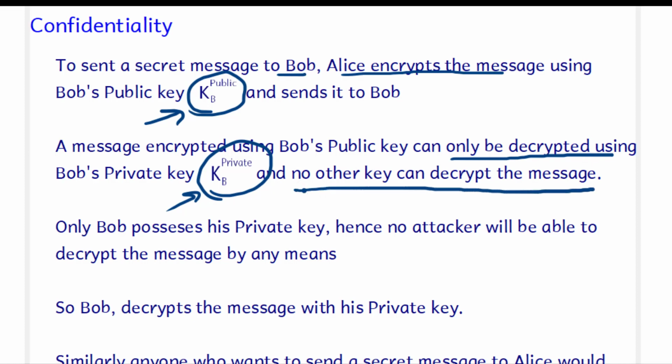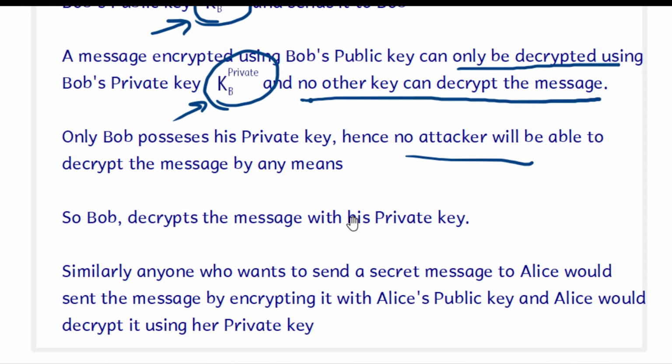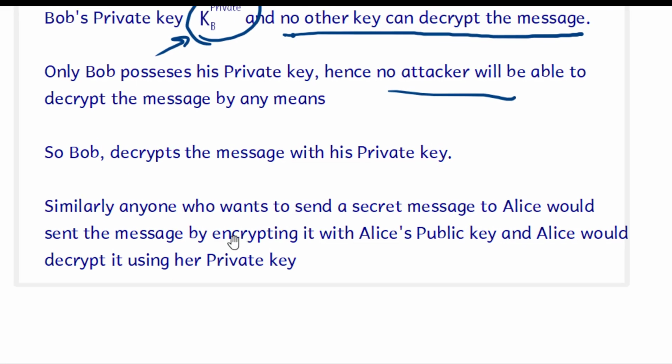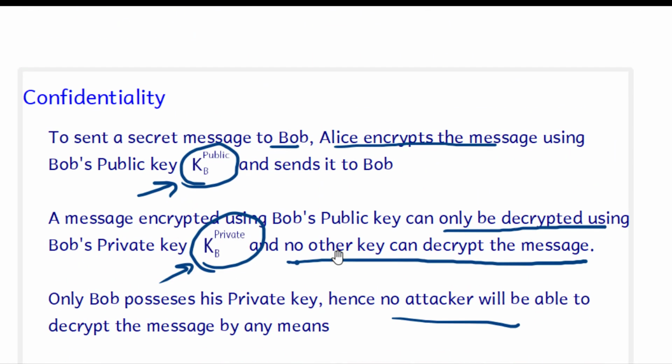Because only Bob possesses this private key, no attacker will be able to decrypt the message. So Bob decrypts the message with his private key. Similarly, anybody who wants to send a message to Alice would encrypt it with Alice's public key, and Alice would decrypt it using her own private key. This is how confidentiality can be achieved.